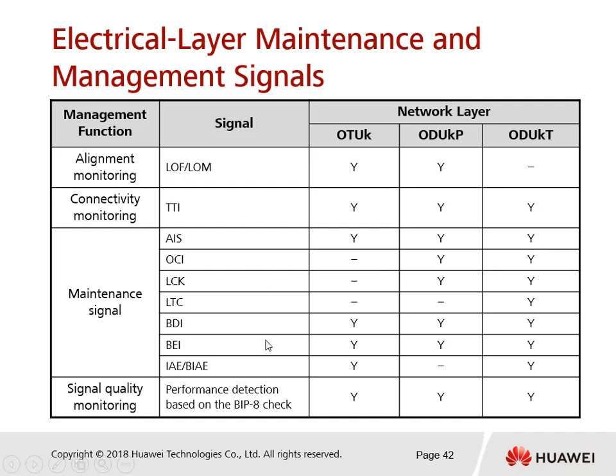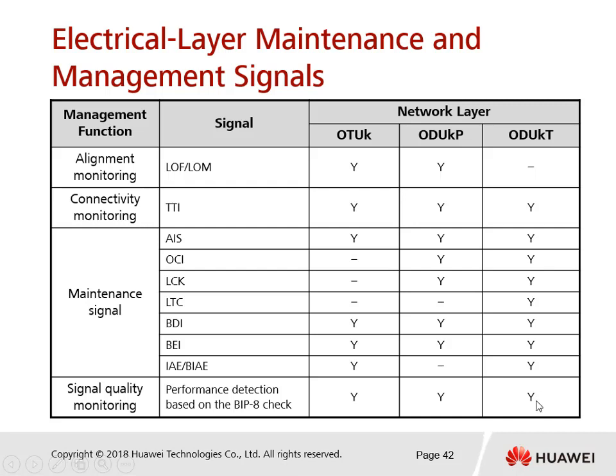Similarly, you can check the other maintenance signals, whether in the ODUK layer or in the OTUK layer, whether we can support them. And the last one is for the signal quality monitoring. It is used for the BIP8 error detection. So here you can find in the OTUK-SM, in the ODUK-PM, and the ODUK-TCMi, we can support it.